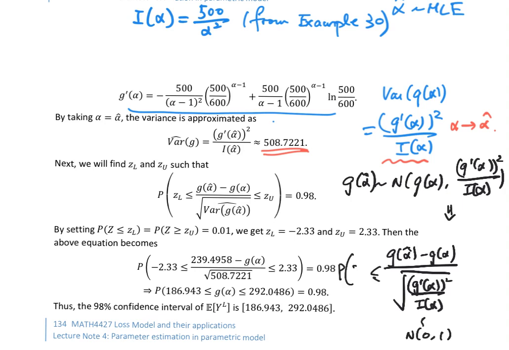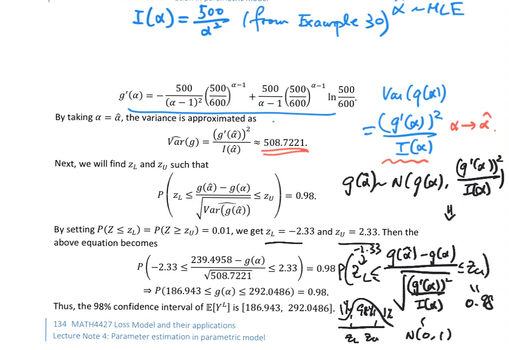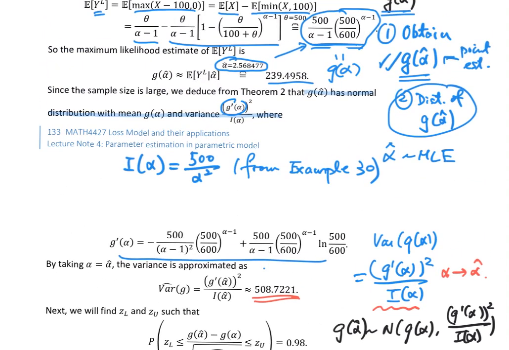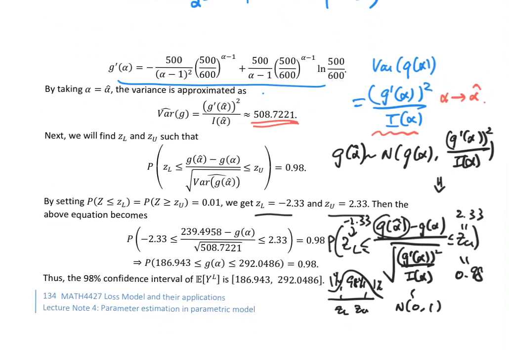Then we try to find z_L and z_U such that this will be valid for 98%. Again, to find these, we consider a symmetric confidence interval, meaning that you want to have 98% in the middle, 1% on the left, and 1% on the right. Then you will find that z_U will be 2.33, so you can put that in. Your G alpha hat will also be equal to, let's say, 239.5958.